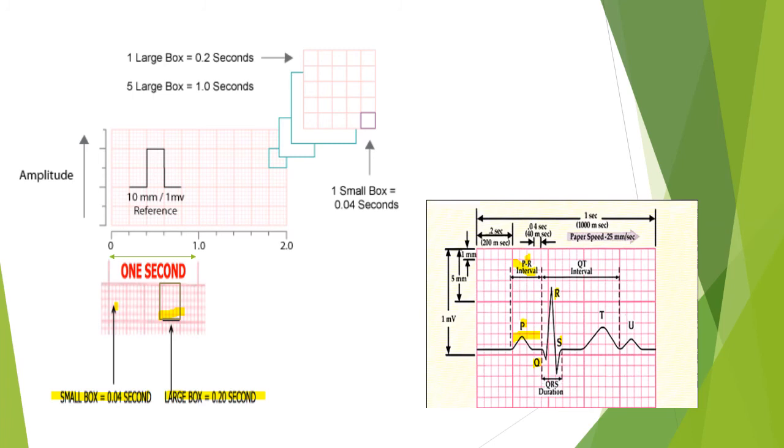This PR interval represents the atrioventricular delay, the AV delay.